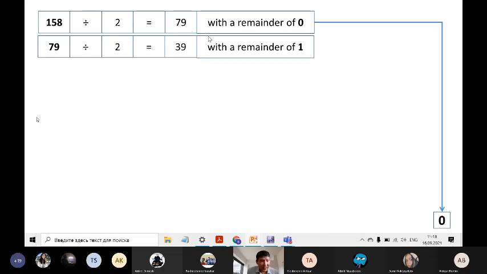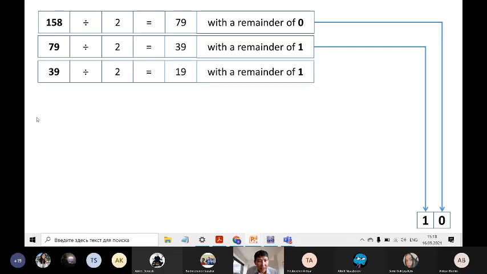Next, our quotient 79. Then you divide 79 by 2, and you will get 39 with a remainder of 1. This remainder will be our second digit. So next we will continue. 39 we will divide by 2. It will give us 19, with a remainder of 1, and this remainder will be the third digit.